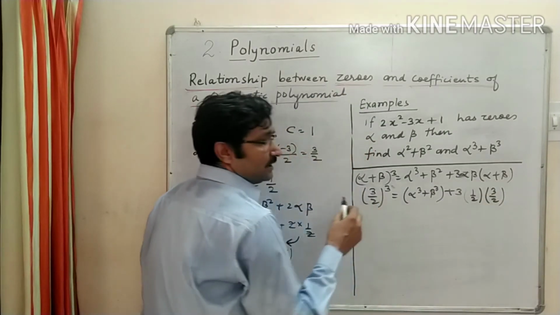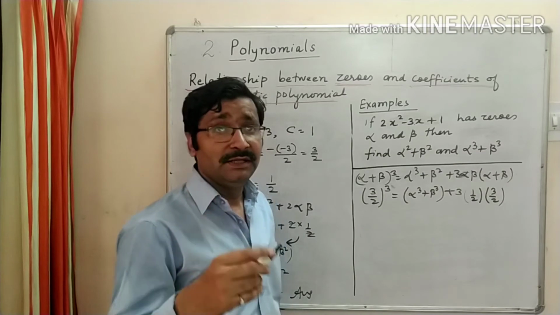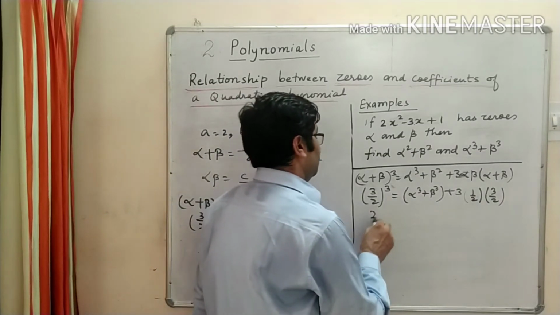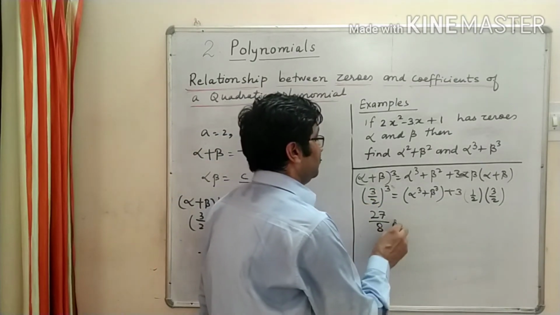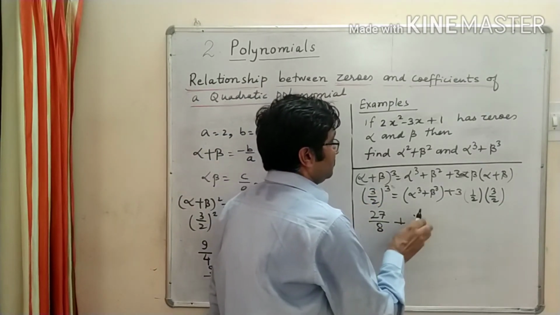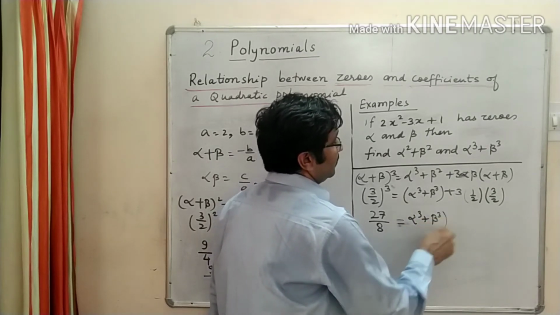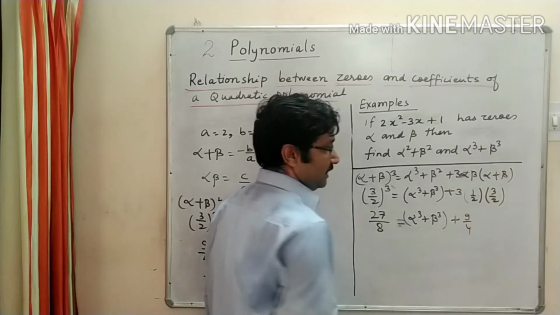Now you calculate. 3 by 2 power 3 means 3 times 3 is 9, 9 times 3 is 27, and 2 times 2 is 4, 4 times 2 is 8, so 8 you write, equal to alpha cube plus beta cube plus, and remaining 3 times 3 is 9, 9 by 4 you get here.